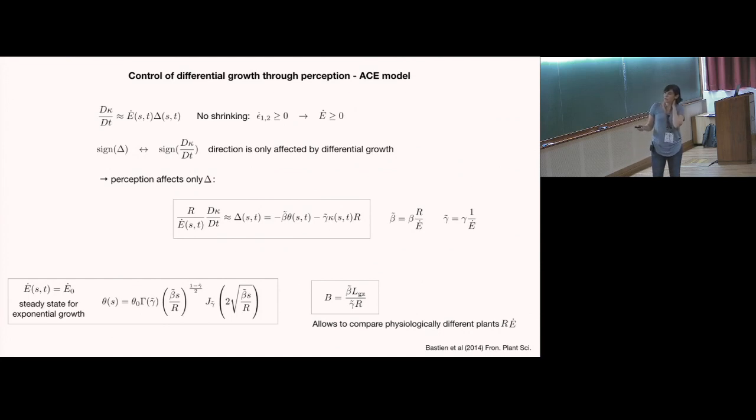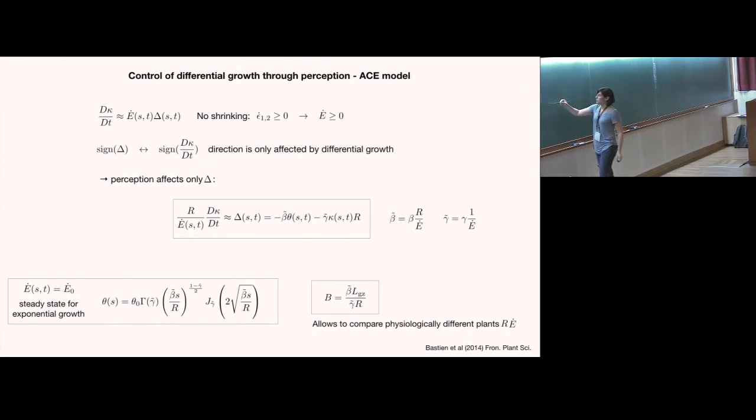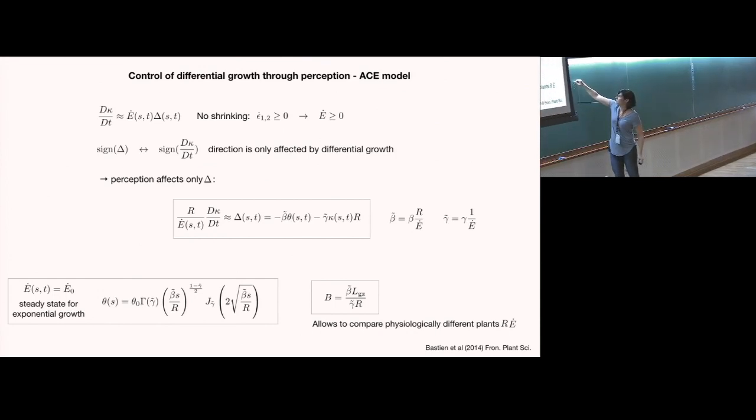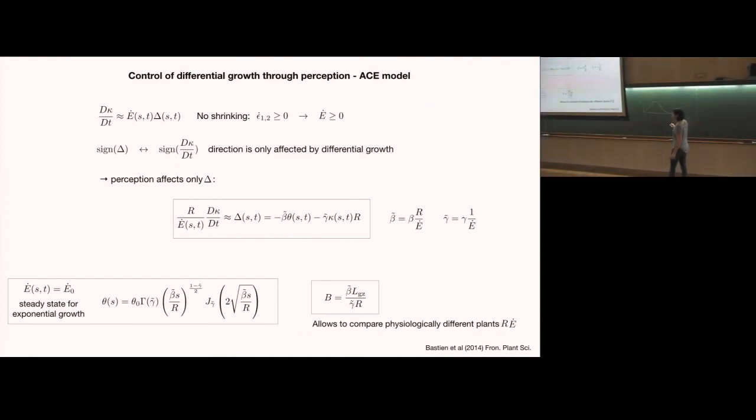And I can also tell you that if I take the case of what's called exponential growth, this means that E dot is some constant everywhere. We saw before that in real life E dot looks like this, as a function of S, right?